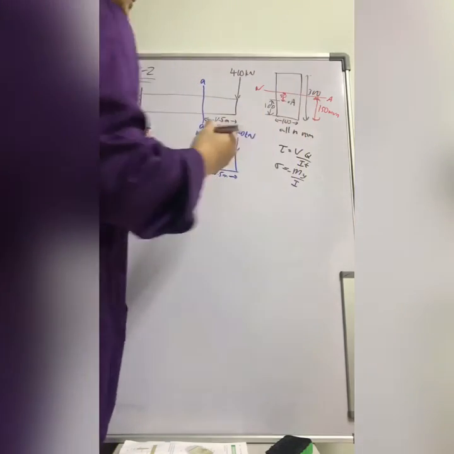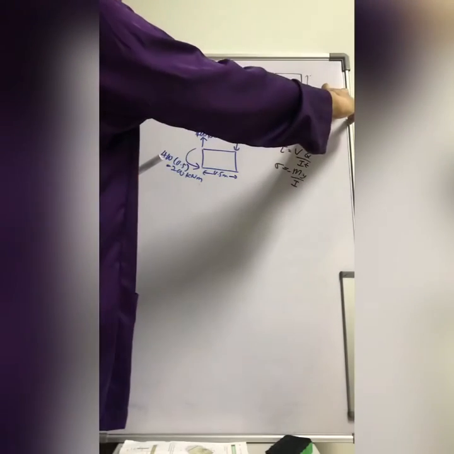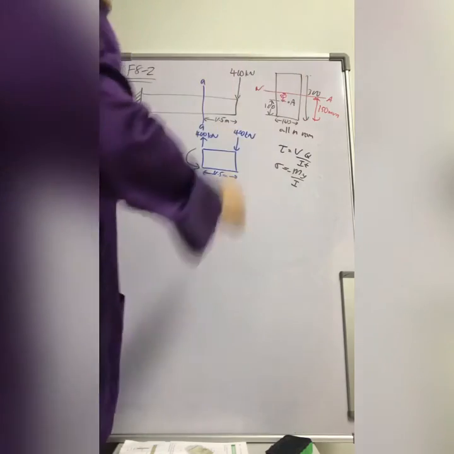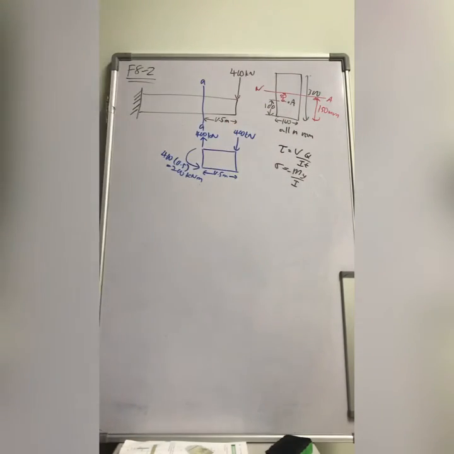Do you understand why it is 50 millimeter? Half from the bottom, half from the top, because in the middle this is 100, so this is 50.